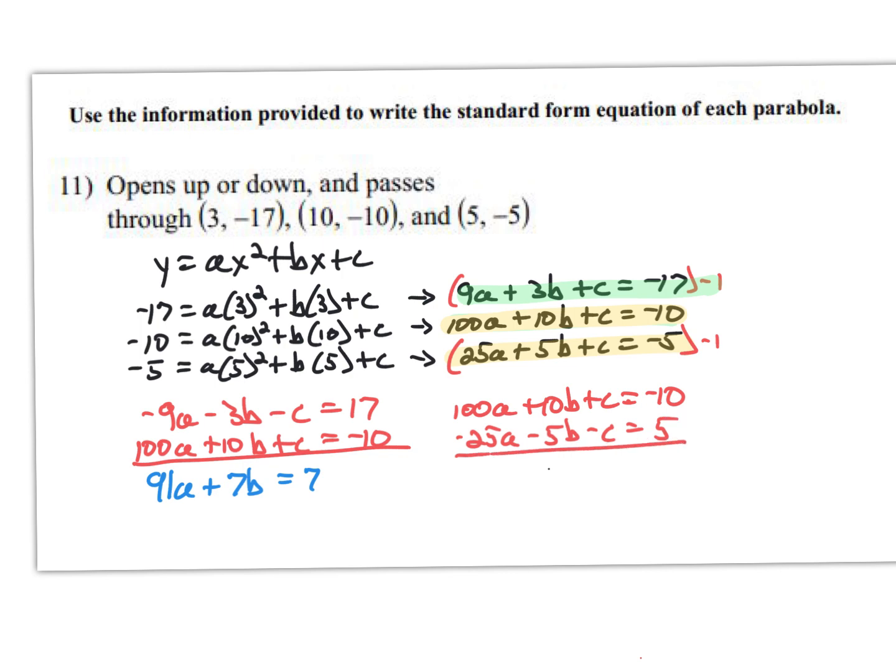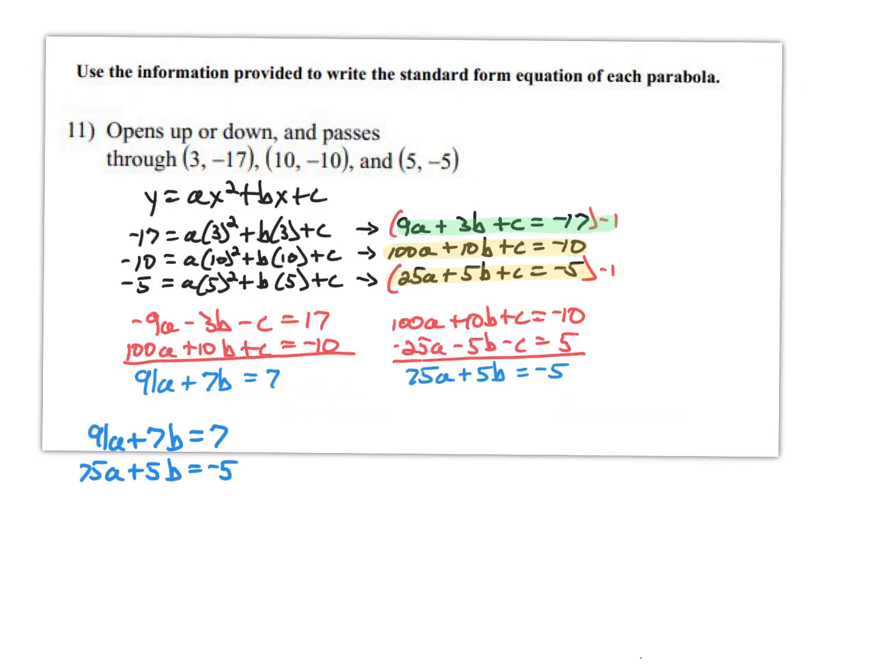And now I need to combine those. Okay, when I did that, I got this equation, 75a plus 5b equals -5. Now I need to take these two and try to eliminate either the a or the b so that I can solve for one variable.